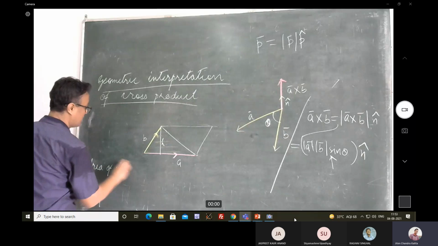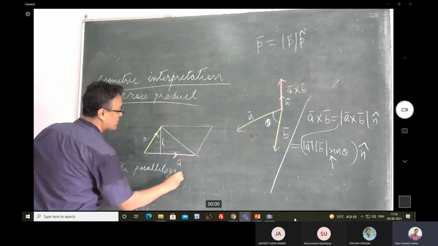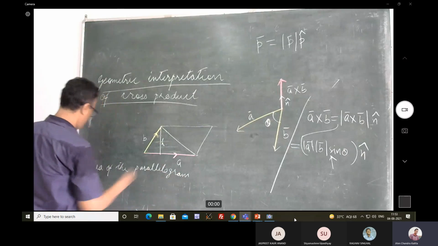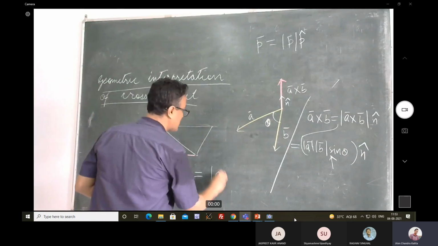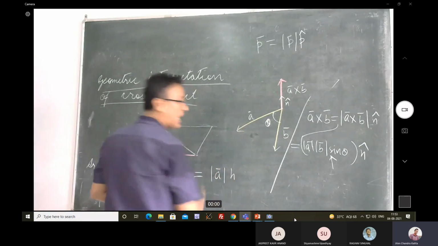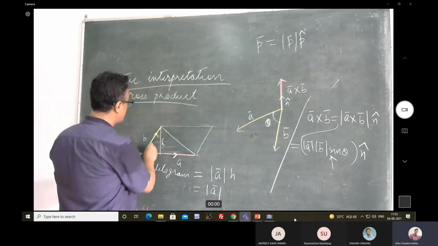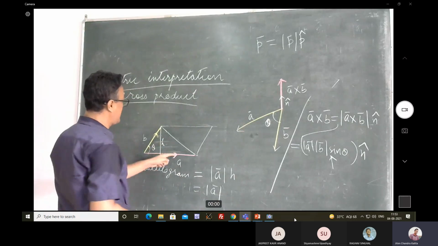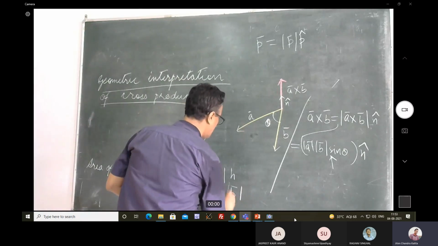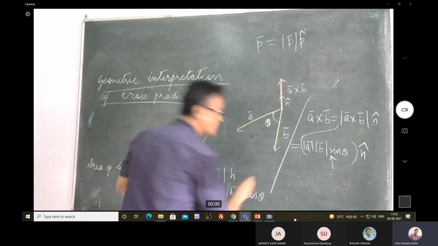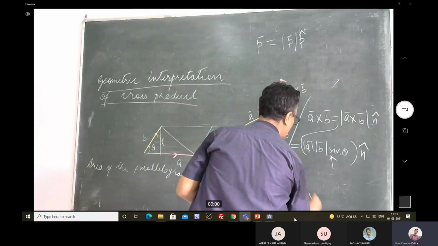The area of the parallelogram formed by the vectors A and B is simply this length A into this height. If the angle between these vectors A and B is theta, H is simply A sine theta.